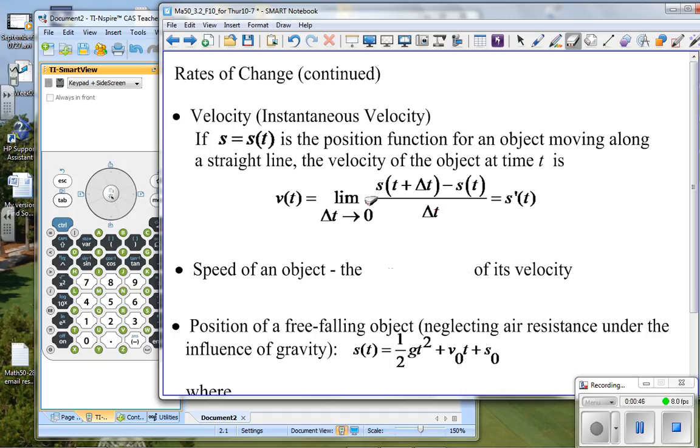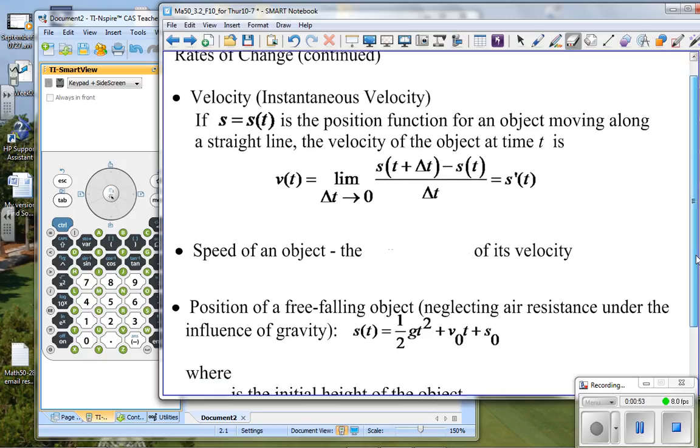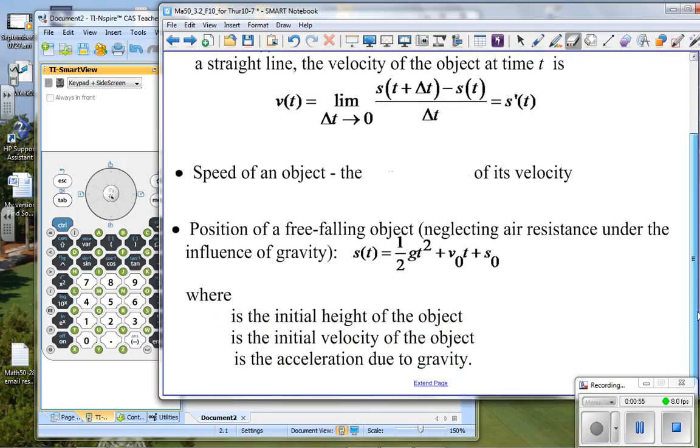Again, what we've done here is build our limit definition of the position function. Now again, we're going to just recognize that velocity is the derivative of the position function. So if we're looking at the velocity of something and we already know the position function, we take its derivative, and we have now found what the velocity is.